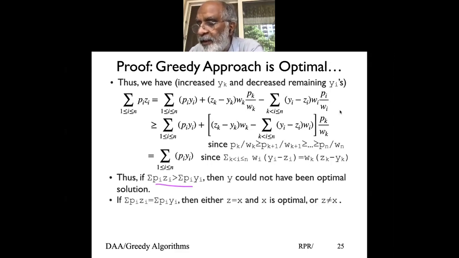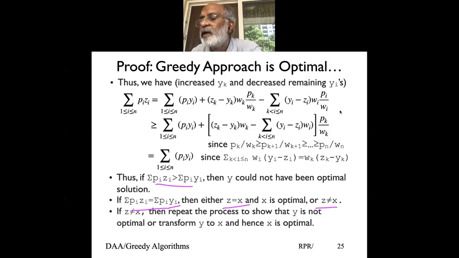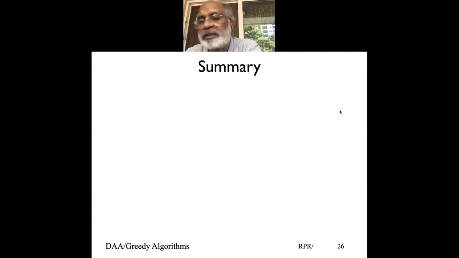That means it has to be equal to this, and when it is equal to this, z is x and x is optimal. And if z is not equal to x, then we look at another element k which differs and repeat the process till we find either y is not optimal or x becomes optimal. So using this approach, we basically say my greedy approach gives me an optimal solution whose profit could be the same as another optimal solution, and that is what we're basically doing.